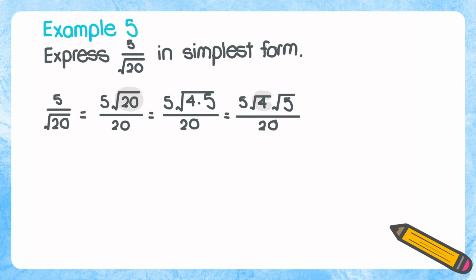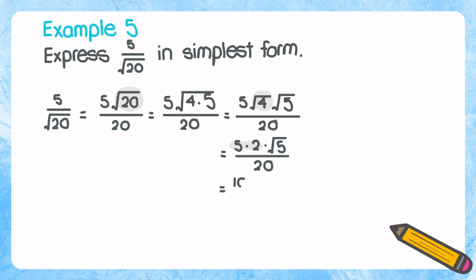And the square root of 4 is equal to 2. So I have 5 times 2 times the square root of 5 over 20, and 5 times 2 equals 10.